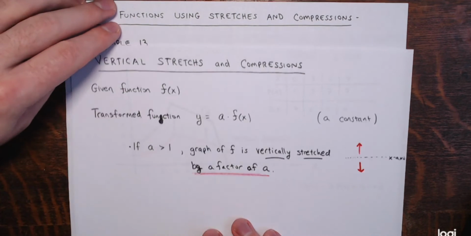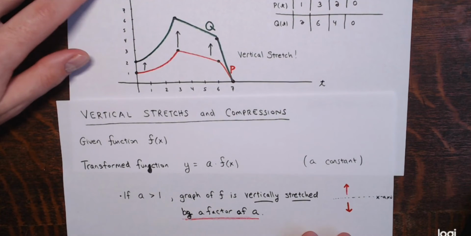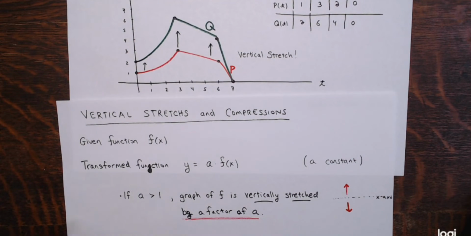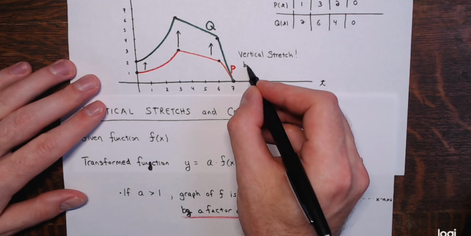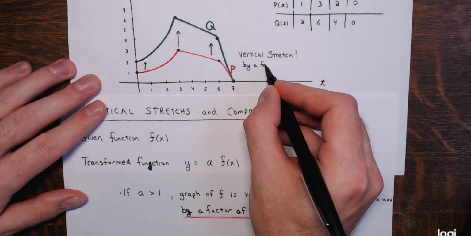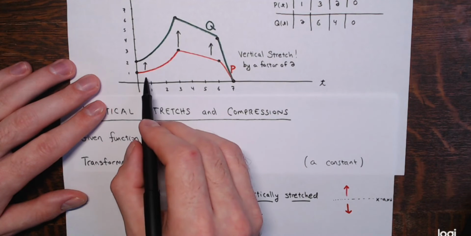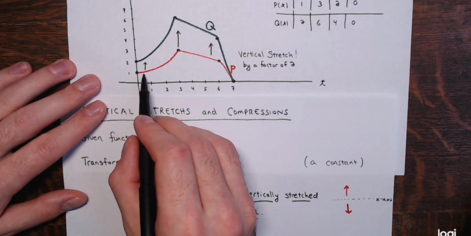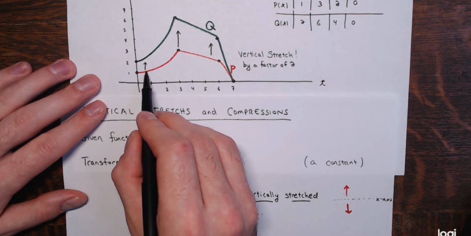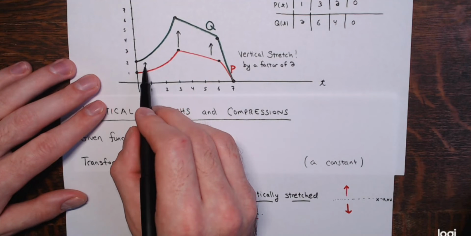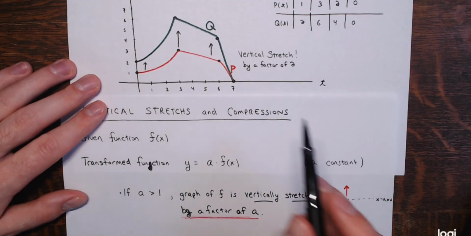So like on this graph here, there's a vertical stretch by a factor of 2, they would say. Because every point on the red graph, the distance to the horizontal axis is doubled, is multiplied by 2 to get on the green graph.